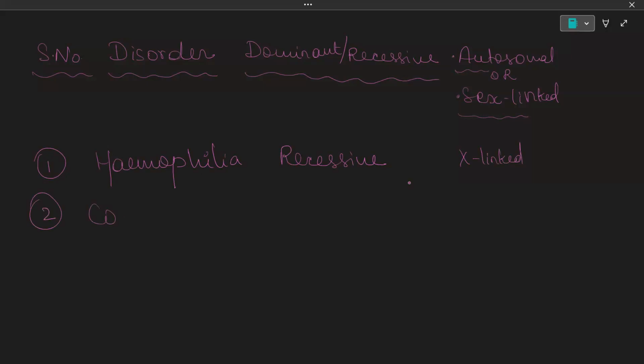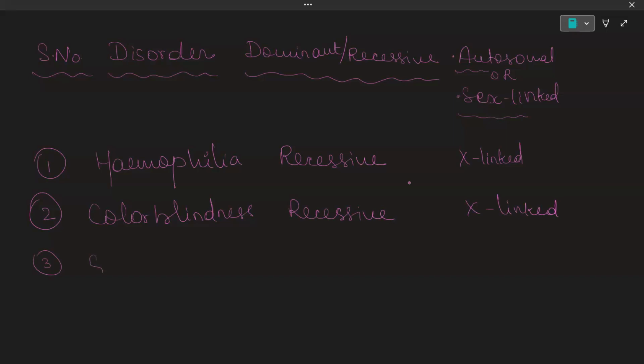Now the second one is color blindness. This is also recessive, and it is also X-linked, meaning it is also related with the X chromosome, which can be from any of the parents.